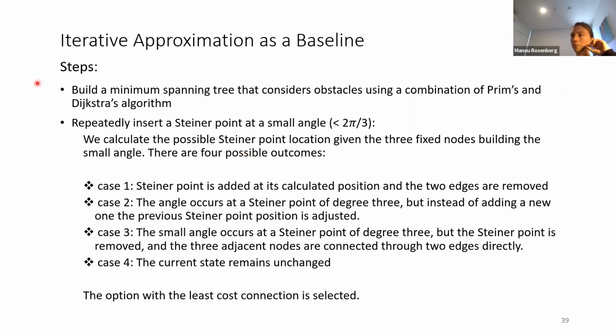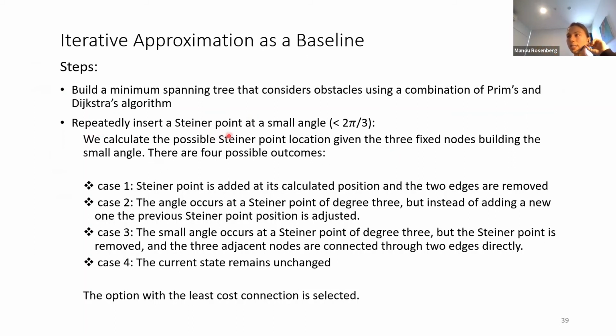This is basically what I've already mentioned before. So we start with a minimum spanning tree that considers obstacles by using a shortest path algorithm around obstacles, or considering the weights for soft obstacles.